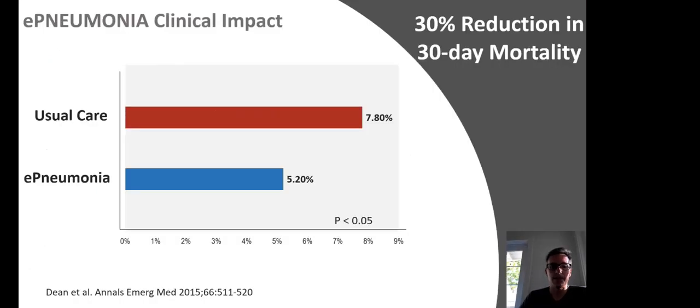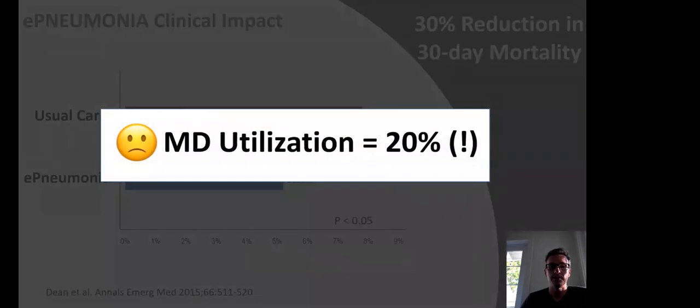And when he tried this out in a small pilot, he was able to reduce 30-day mortality in this country for pneumonia by 30%, which is astounding, right? To reduce 30-day mortality by the use of this clinical decision support model. But the problem was the MD utilization. No one was really using it. The utilization was 20%.